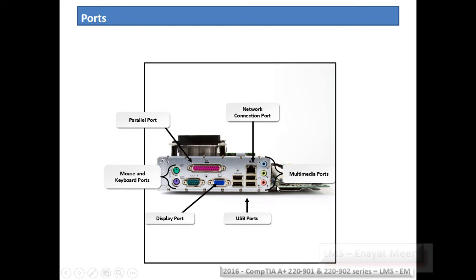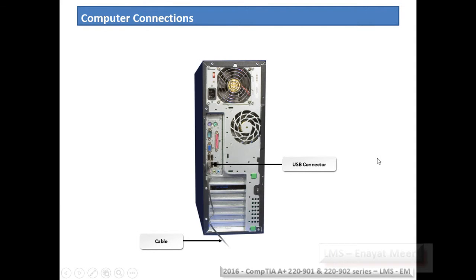So these are a couple of components you see on the back of your PC or built onto your motherboard. And this is the back side of a system unit which has already placed the motherboard ready to go, and that's how you see the USB connectors. And you see here some cables going on.